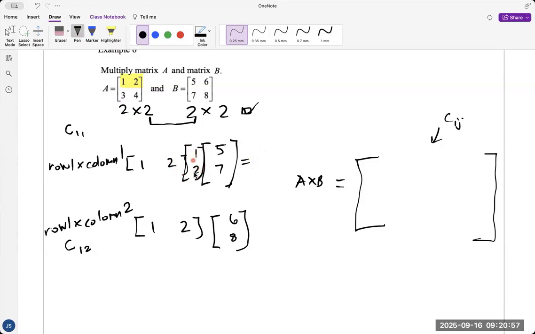That's how I'm thinking about it. So it's 1 times 5, 2 times 7. Then I'm going to add those answers. So it's 5 plus 14 is 19. So the first entry, 1, 1, is 19.